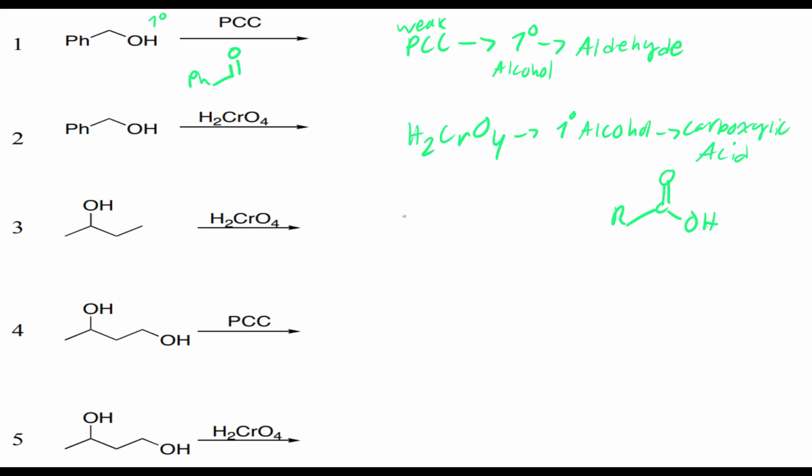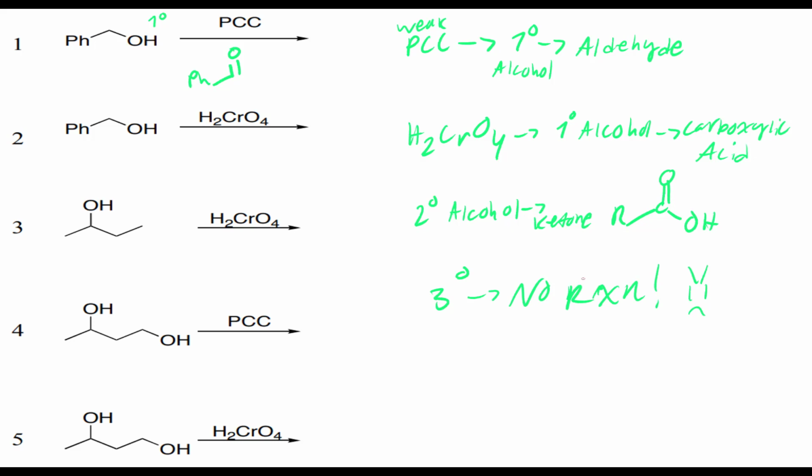But what about a secondary alcohol? Well, secondary alcohol, its main use, I should say, it makes that into a ketone. Okay, so that's what you should be expecting. But if you have a tertiary alcohol, then there's no reaction. Okay, so we're gonna put a very frowny face right there.